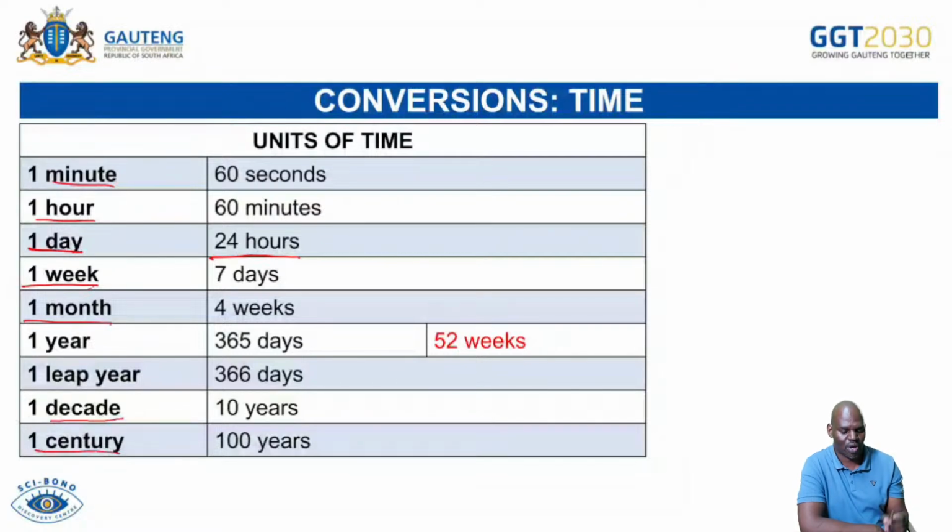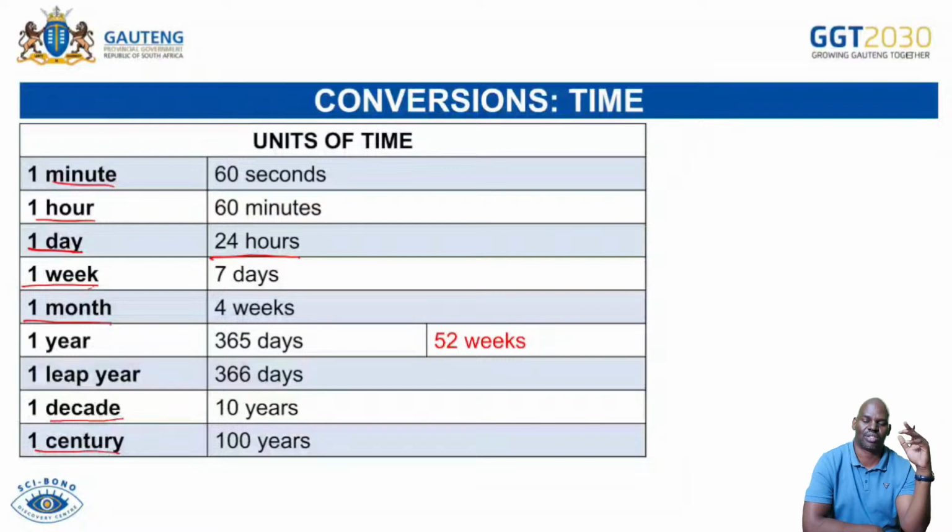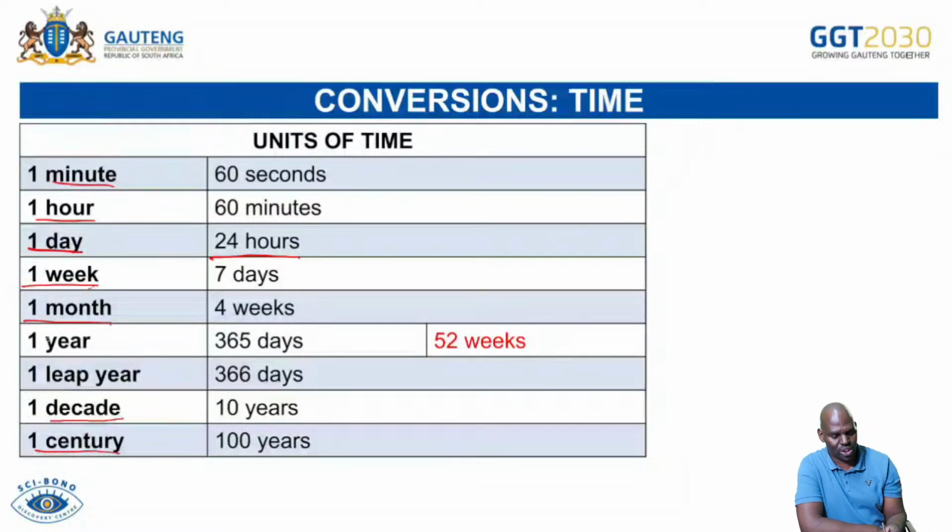So if they say it's about 2 centuries ago, that means 200 years ago. If it's a century ago, it means 100 years ago. If it's 1 decade ago, it means about 10 years ago. Still with the number of years, we said 1 year is equal to 365 days, which is also estimated to be about 52 weeks. So 365 days is almost 52 weeks, which is about a year.